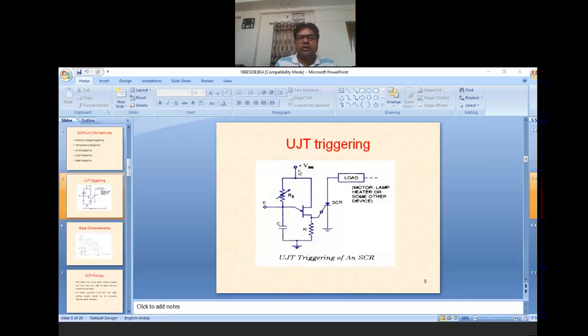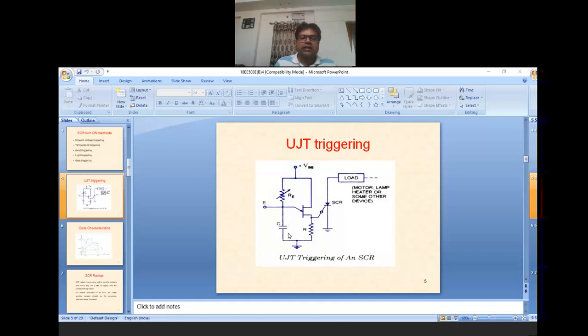So when we turn on this UJT circuit voltage, UJT will be in non-biasing condition, or it will not be conducting, and gradually the voltage fed to the circuit will be fed to the capacitor and the capacitor voltage is built up.